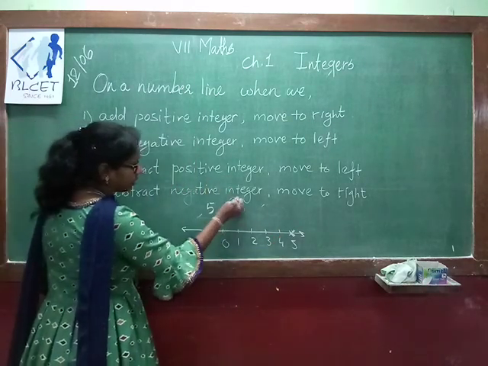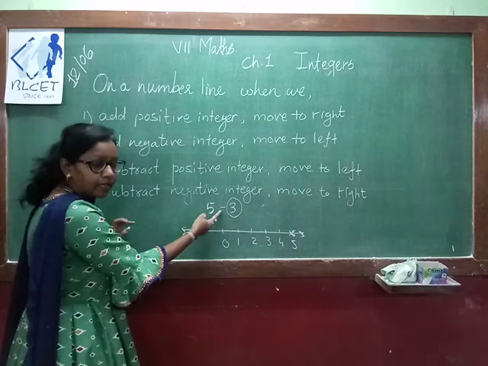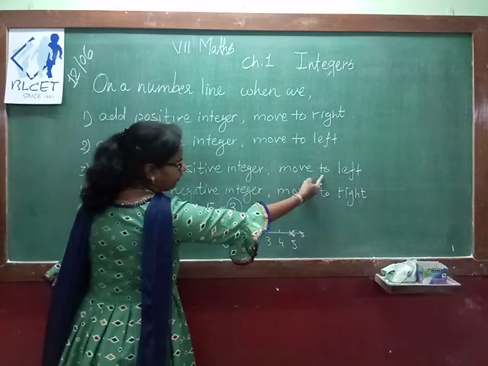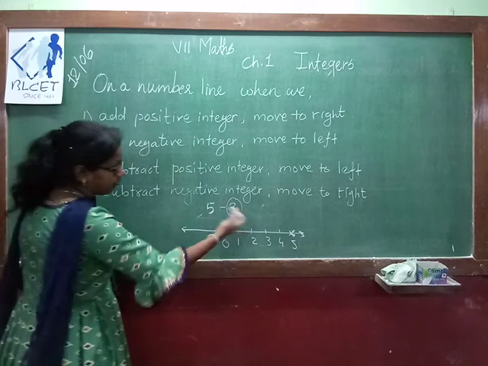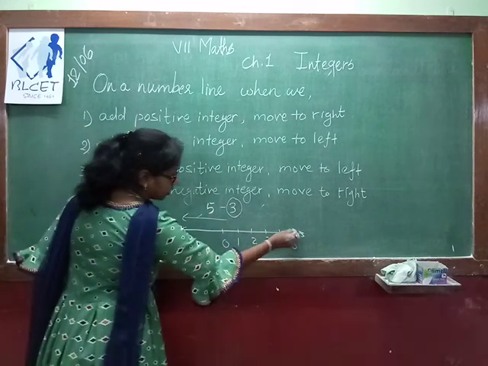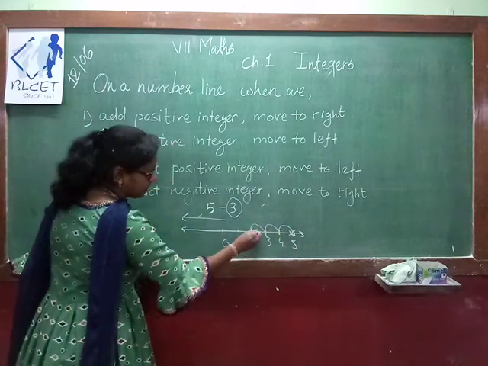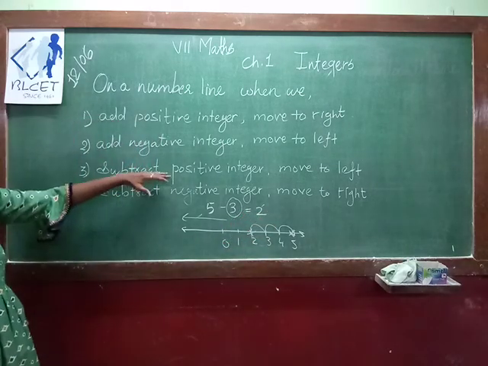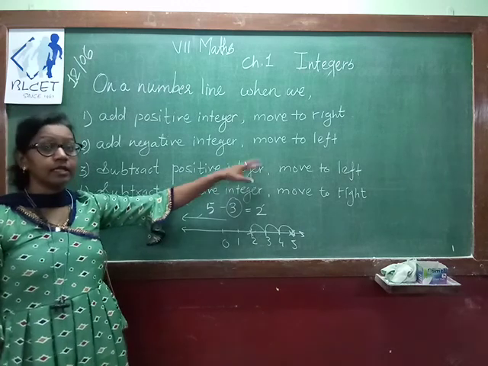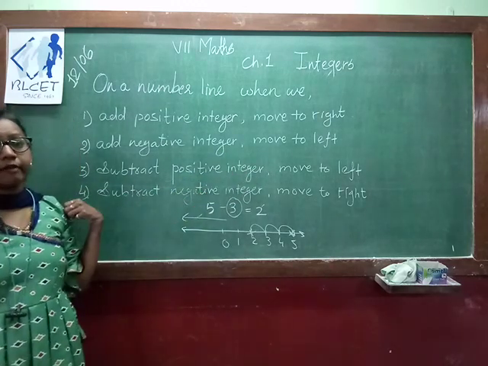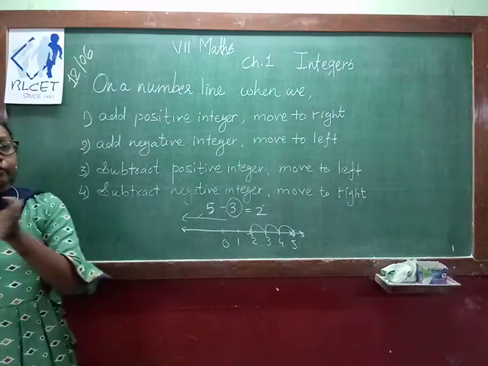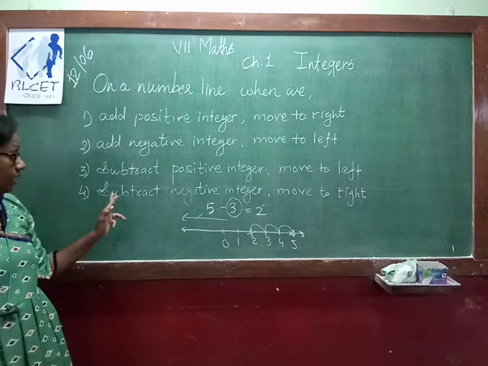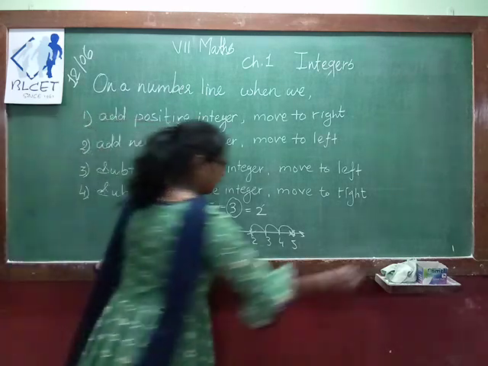So 3 is your positive integer and we are subtracting that. We have to move to the left direction. Left means this side. So this is 1, 2, 3 steps. So what is your answer? 2. So when we subtract a positive integer, we also have to move in the left direction because we are removing positivity.